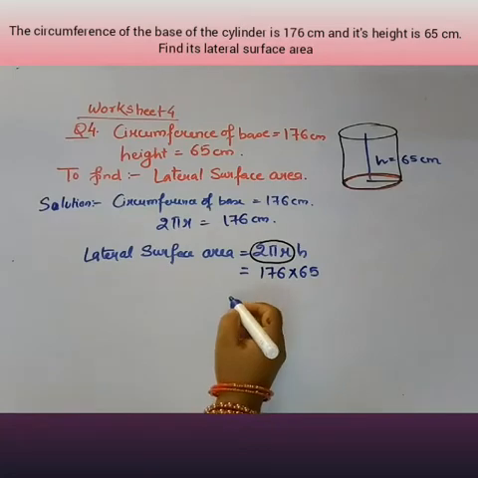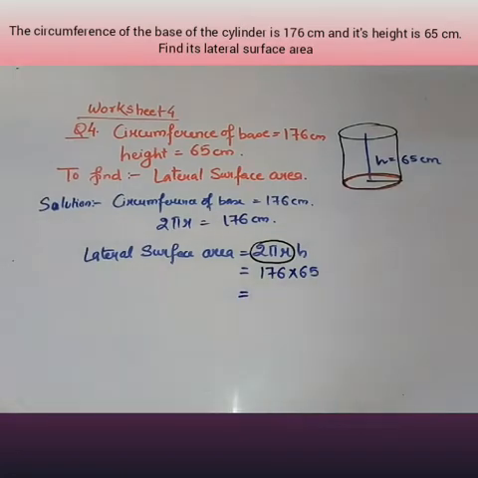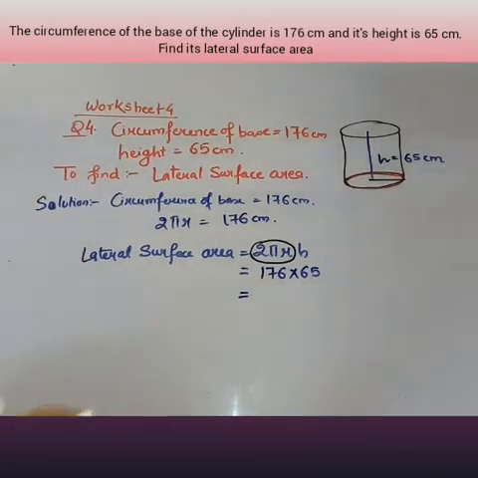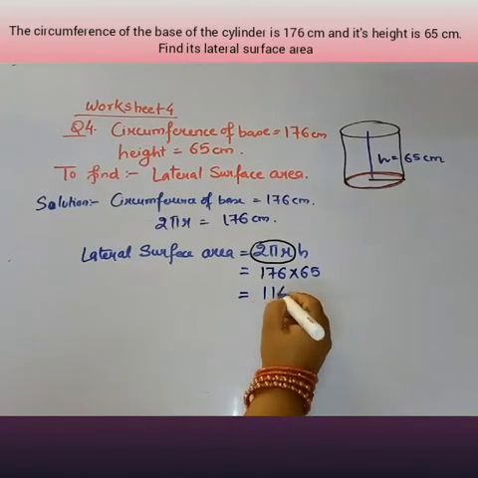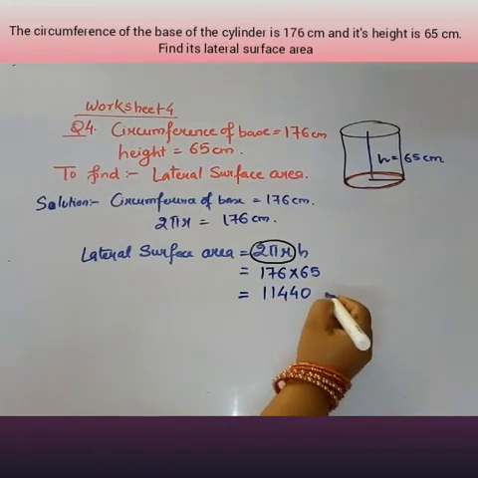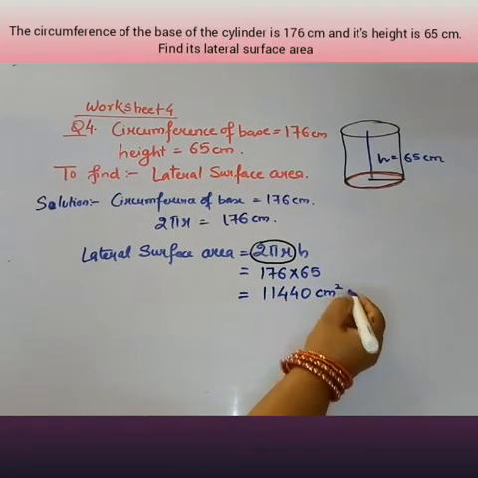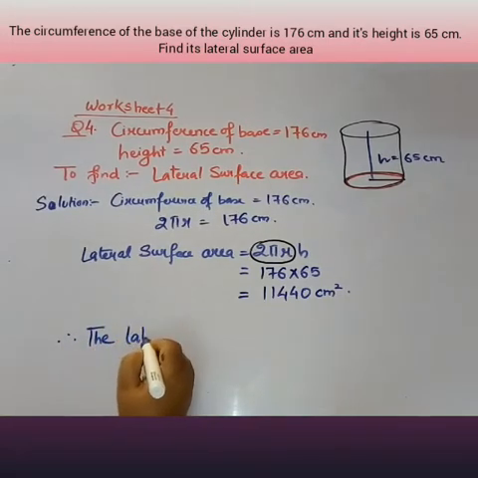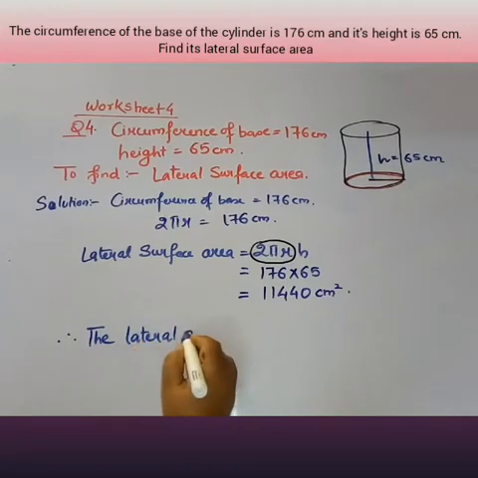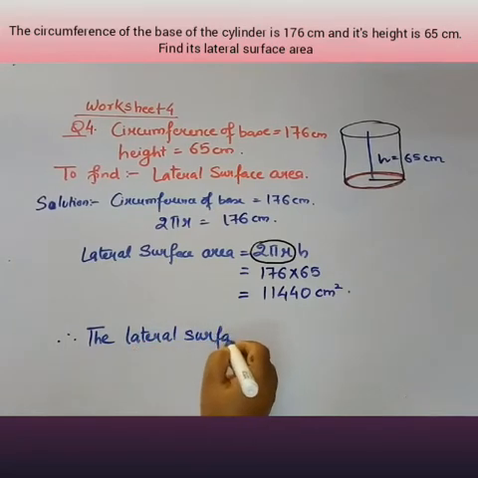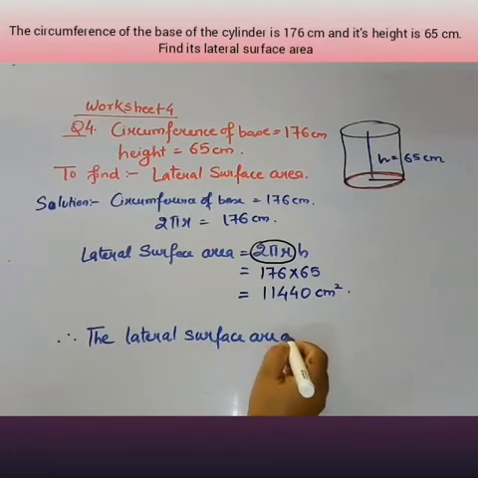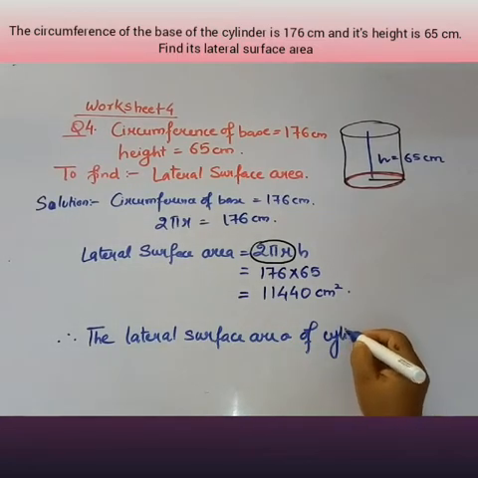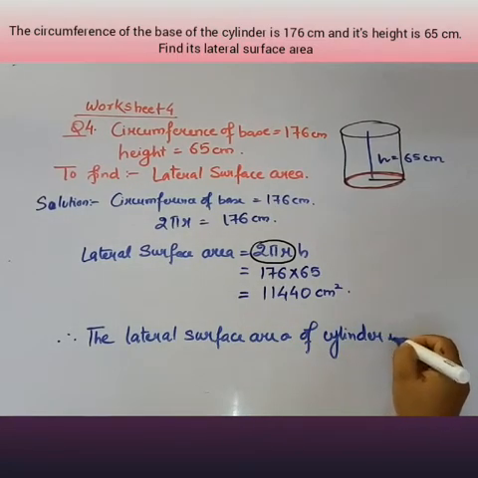So let's multiply it and we will get 11440 centimeter square. So we'll write here, therefore the lateral surface area of the cylinder is 11440 centimeter square.